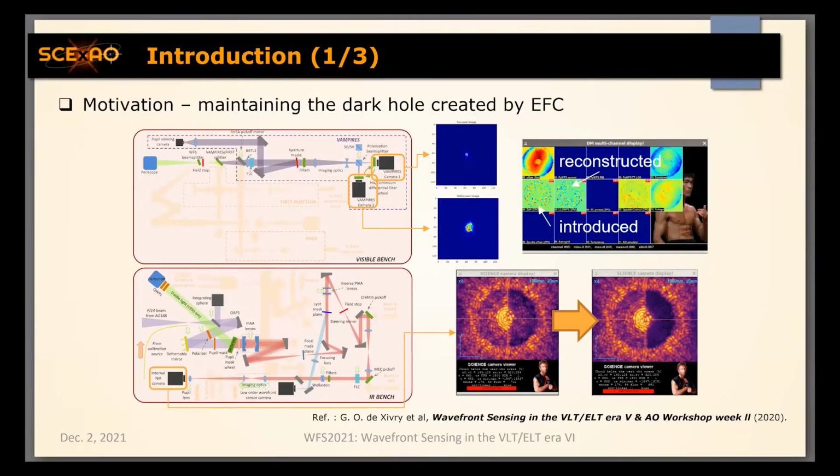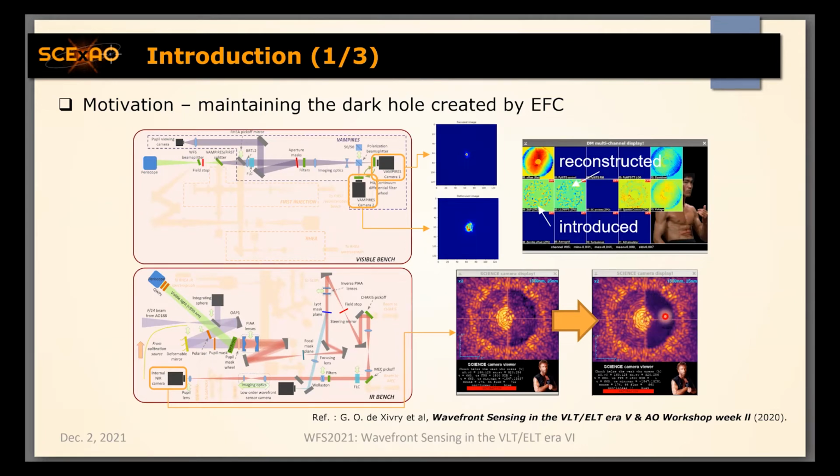Before getting to the point, I would like to mention the motivation of this work. Using the EFC, I made the high contrast zone, also known as the dark hole, in the focal plane of the infrared camera with a classical Lyot coronagraph.